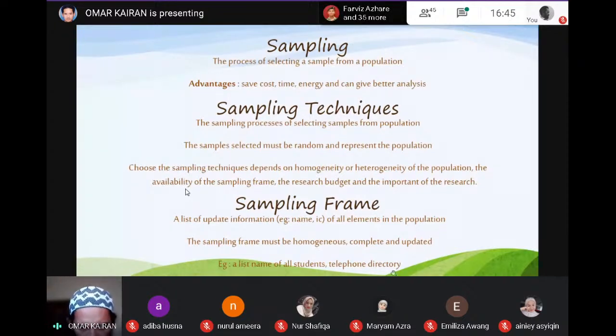So this is the given example: list of names of all students, telephone directory. So the telephone directory pun dianggap sebagai list. Apa saja list, rumah ke, yang melibatkan kajian kita, iaitu orang-orang yang kita nak kaji itu mesti ada list. Itu yang dikatakan sebagai sampling frame.